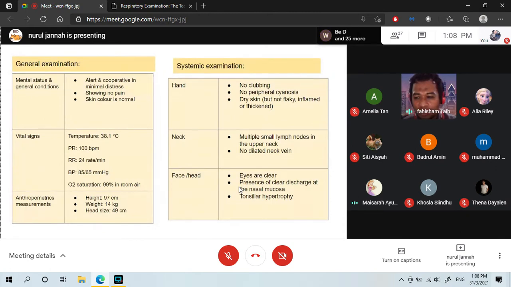So it must be following a chart, the anthropometric centile chart. Okay, BP centile chart. So how do you know the BP centile?